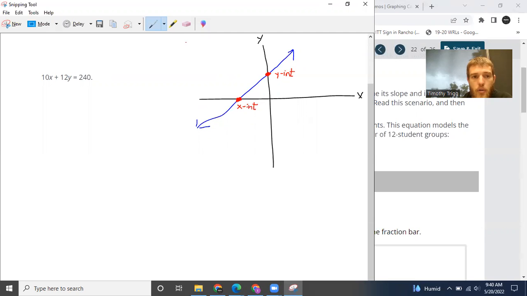Well, notice this too, that the y-intercept is always 0, comma, and then some number, because since it's on the y-axis, you know your x-coordinate is 0. Similarly, the x-intercept is some number, comma, 0.